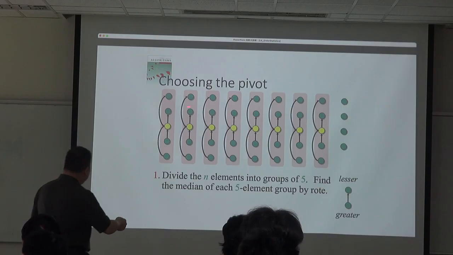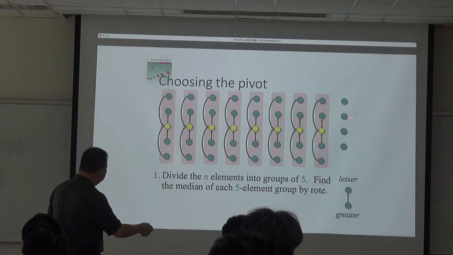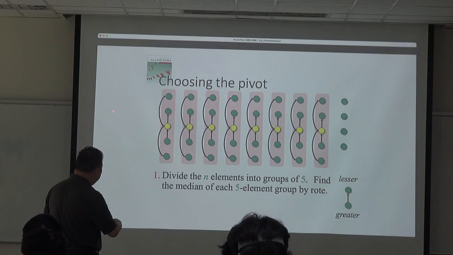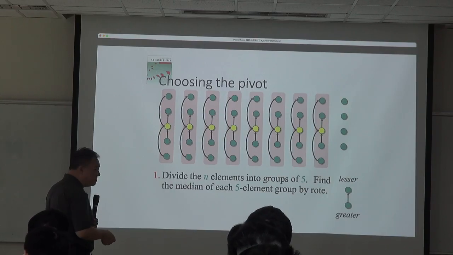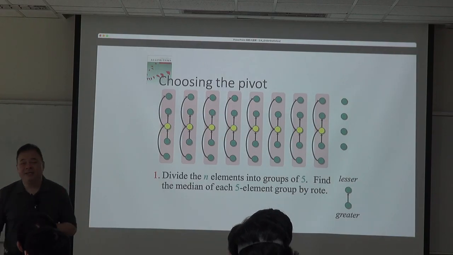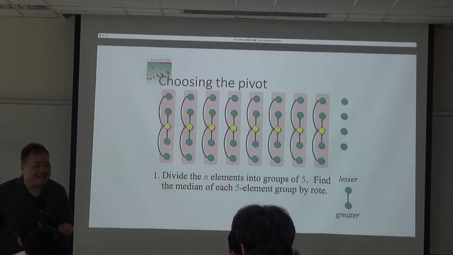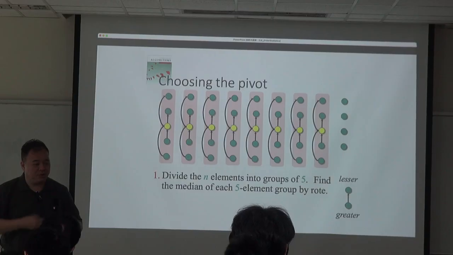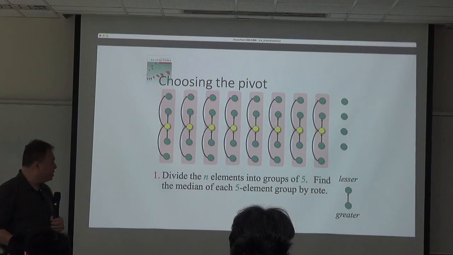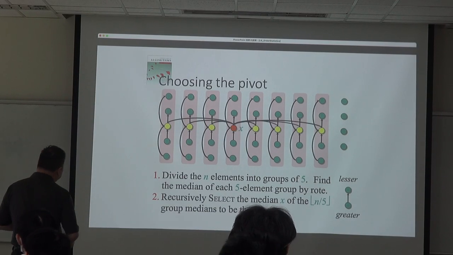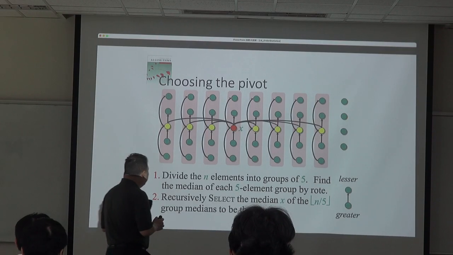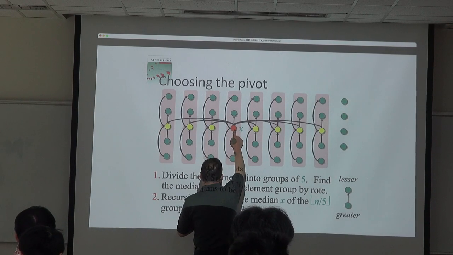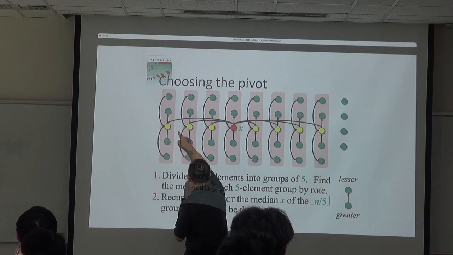So we consider these yellow elements, and with the same order statistics process, we are going to do this recursively. We use a similar approach to find the median of these yellow elements.